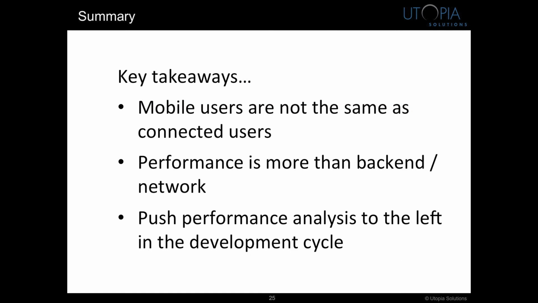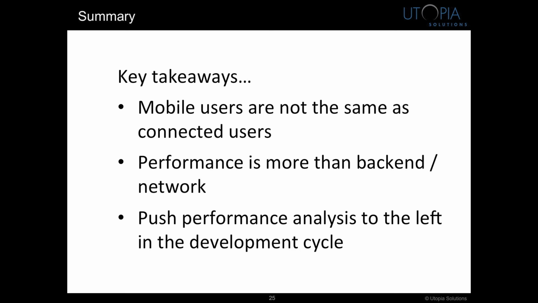To summarize the key takeaways of this presentation, it's important to remember that mobile users are not the same as connected users. We need to understand the fact that they're on mobile devices, and that inherently impacts the performance of the system. Also, performance is much more than just the back-end network performance. We do not have unlimited resources on our mobile devices, and that is going to impact our applications as well, and we need to understand what that is.